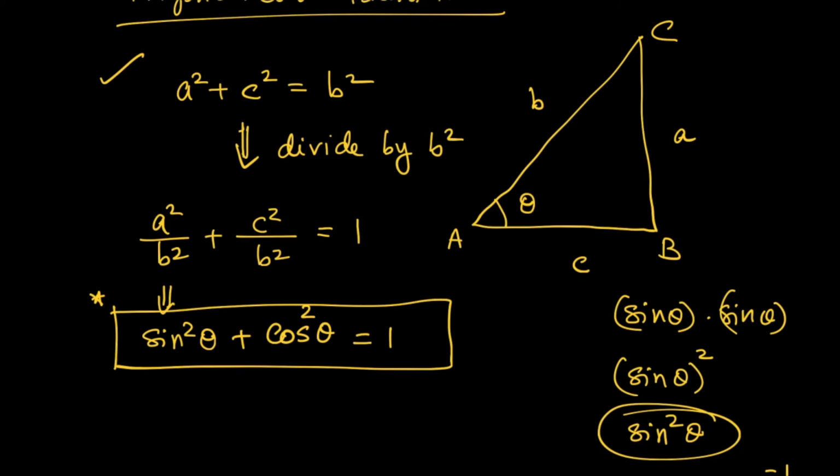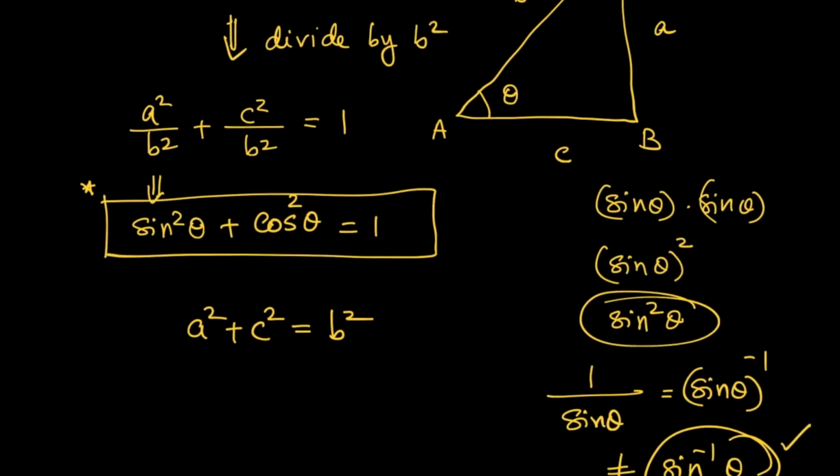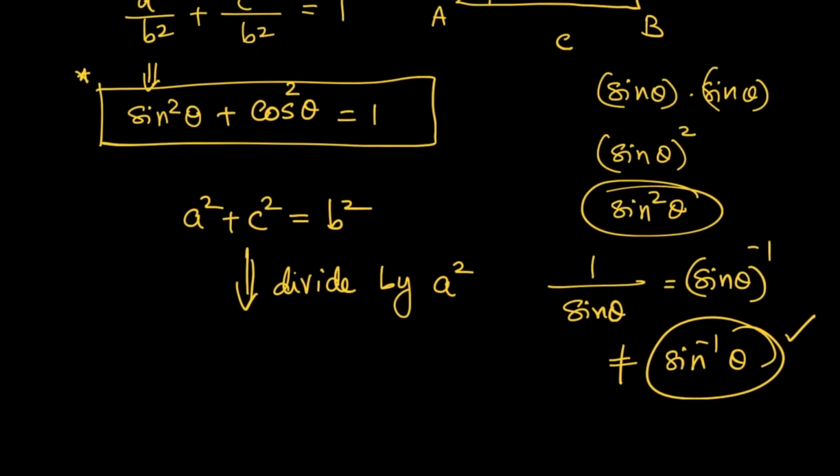Alright. And similarly, if we begin with Pythagoras theorem, a square plus c square is equal to b squared, and then instead of dividing by b square, what happens if I divide it by a square? Let's see. If I divide it by a square, not on just one side, but on both sides, we have 1 plus c squared by a squared is equal to b squared by a squared.